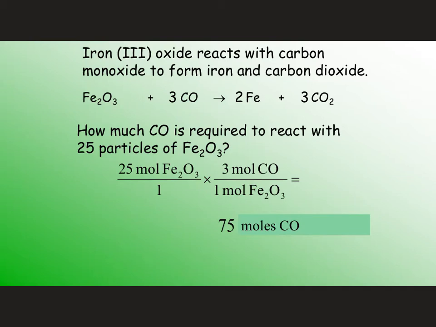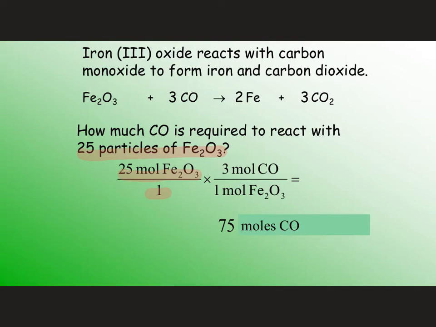So now our first question. How much carbon monoxide is required to react with 25 particles of the iron 3 oxide, or Fe2O3? So that 25 particles of the Fe2O3 is my given to start the math, which you can always write over 1 because we want to make sure that we treat that as the numerator.